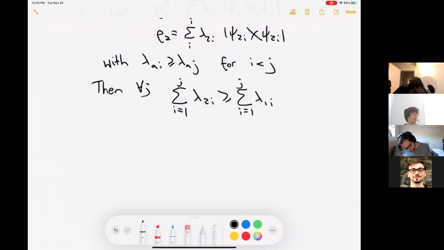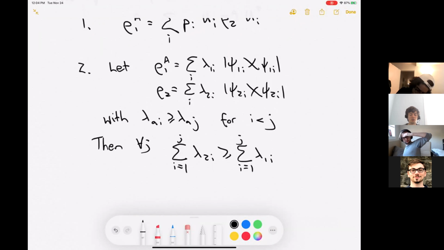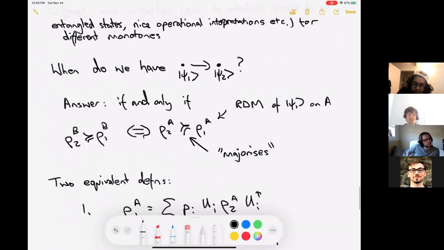Which, since both sets of eigenvalues have to sum to 1, means that the smallest eigenvalue of row 1 needs to be bigger than the smallest eigenvalue of row 2. So this is just a natural condition of row 1 being definitely more mixed than row 2. And this is very natural.